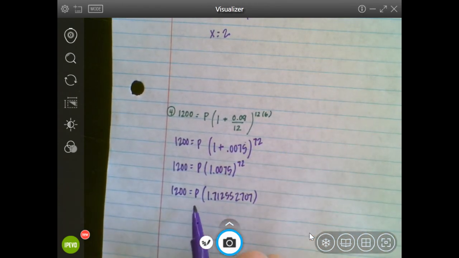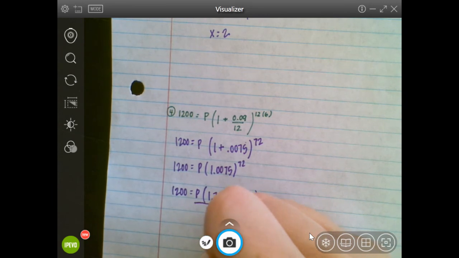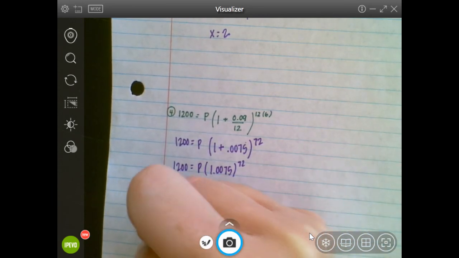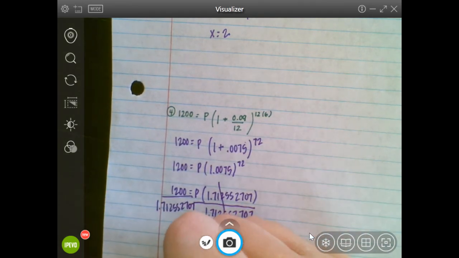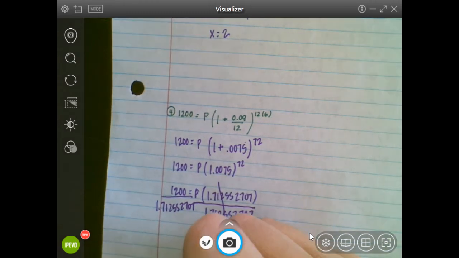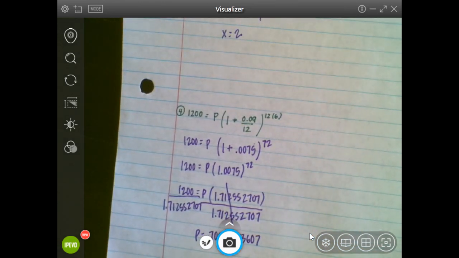And then to undo that, to get the p by itself, I'm going to go ahead and divide each side of the equation by this 1.712552707. Do that over here as well. So that's going to tell me that p is 1200 divided by 1.712552707. So p is approximately 700.7083607.